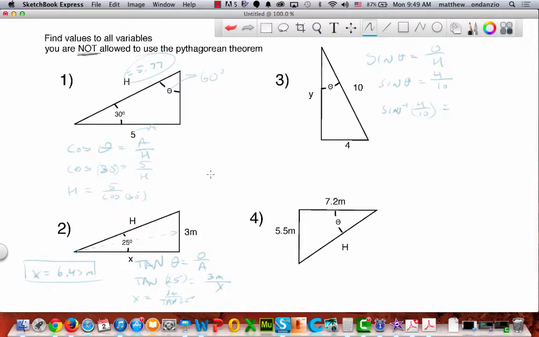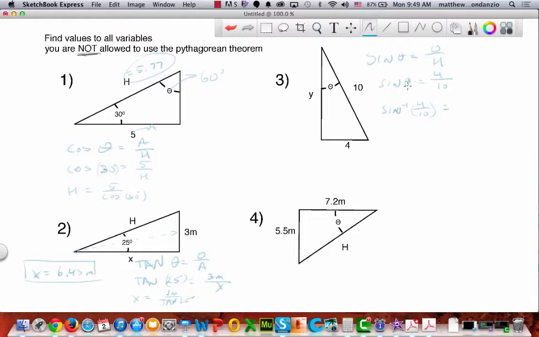Why do you do it in this way? Okay. Because without getting into the actual definition, in this case here we have an angle, right? We have cosine 30 equals 5 over h. Well, cosine 30 is a number, right? We're functioning that number, so we can do some basic math.